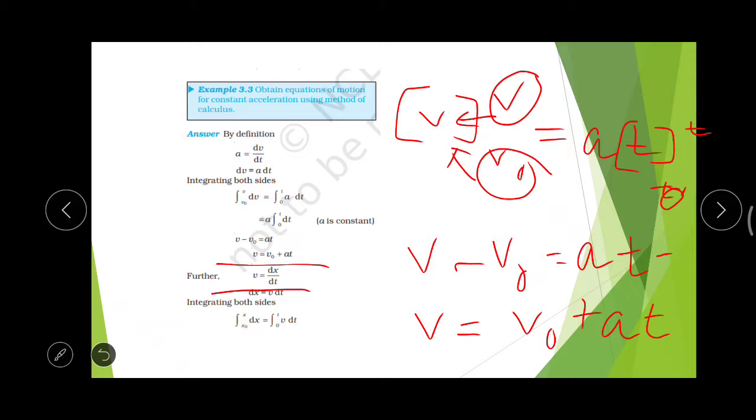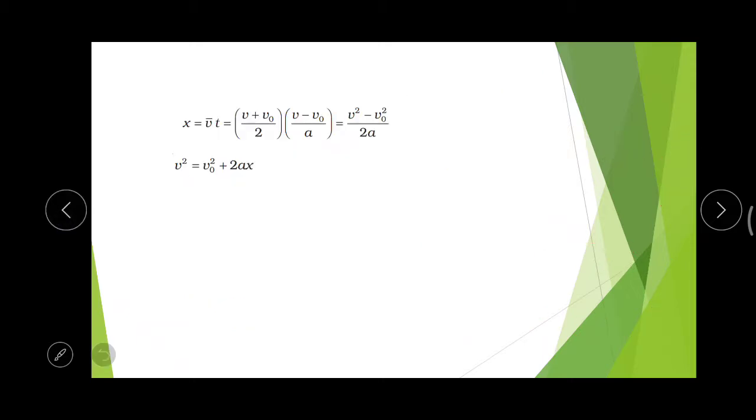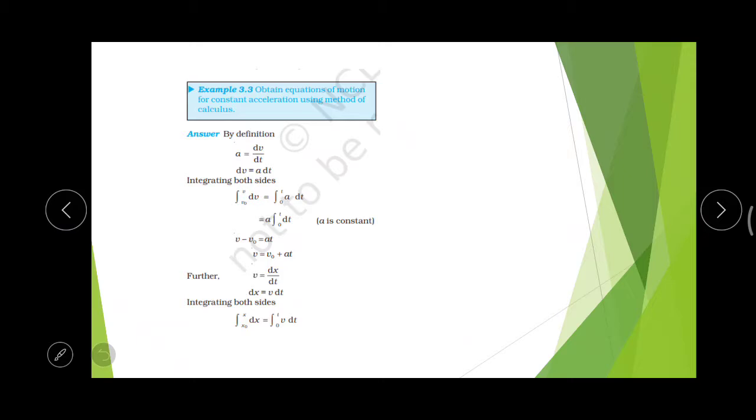And as we have done in the earlier case, as v is equal to dx by dt, dx will be equal to v into dt.